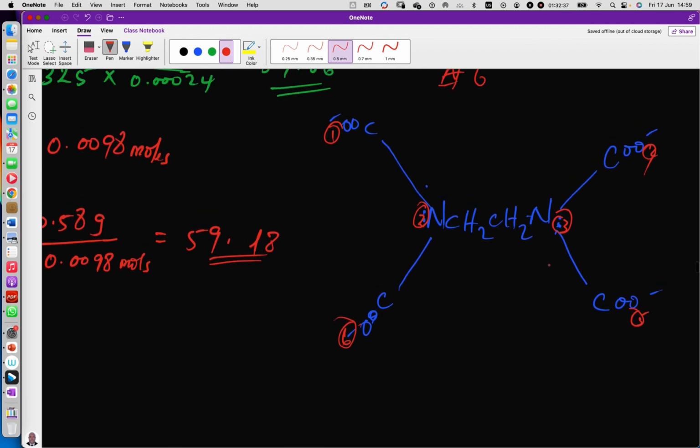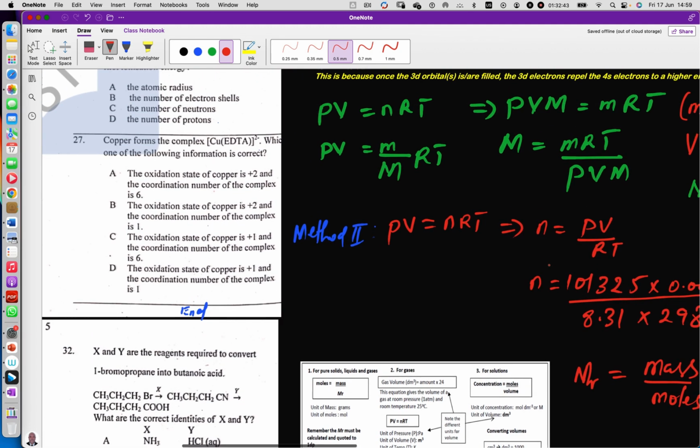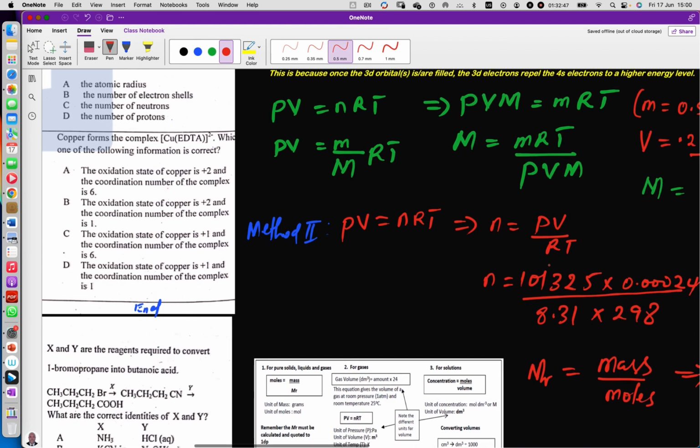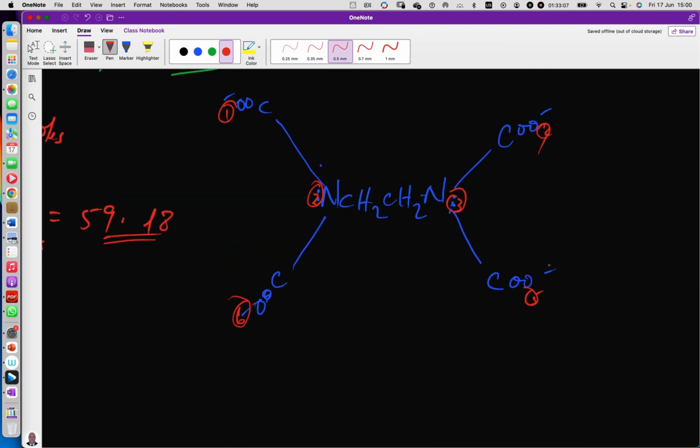Then, if we are to calculate the oxidation number, we have CuEDTA with a charge of 2 minus.